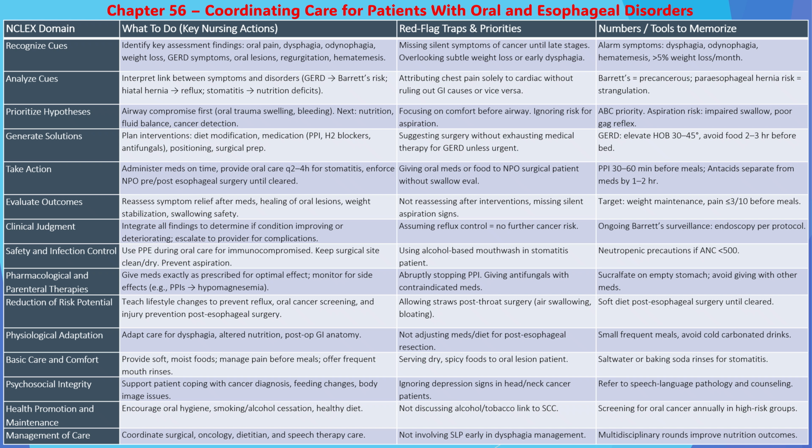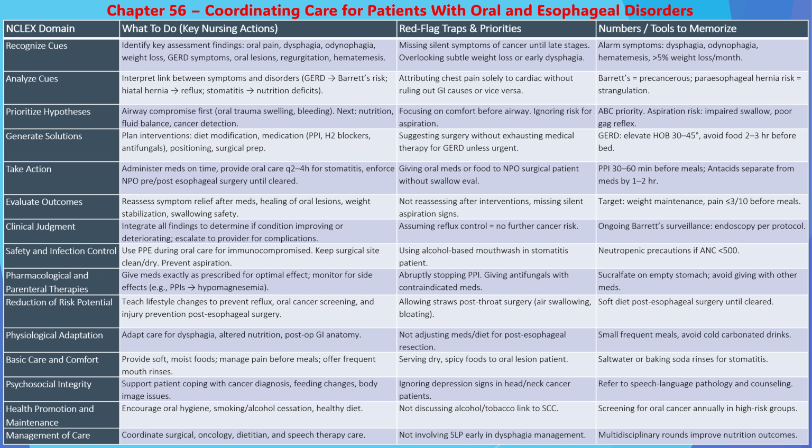The red flags for recognizing cues are missing the silent symptoms of cancer until late stages, overlooking subtle weight loss or early dysphagia. So keep in mind alarm symptoms: dysphagia, odynophagia, hematemesis, and more than 5% weight loss in a month. Keep that in mind.